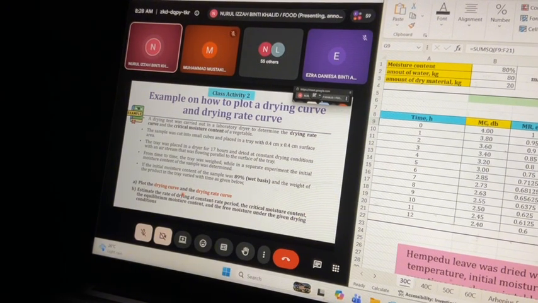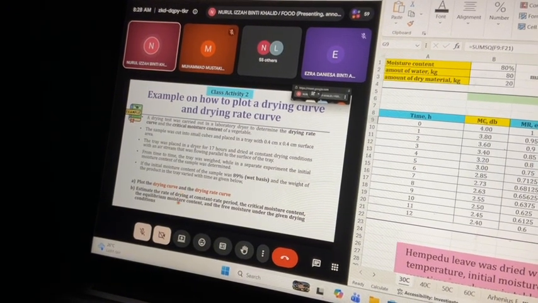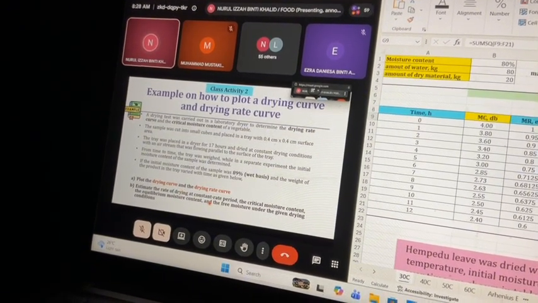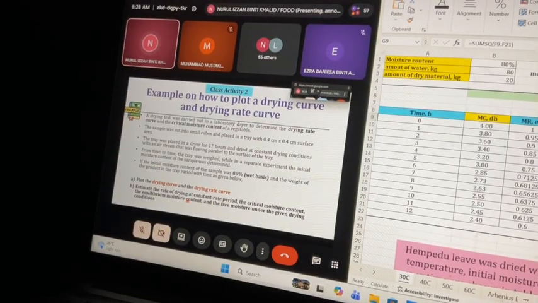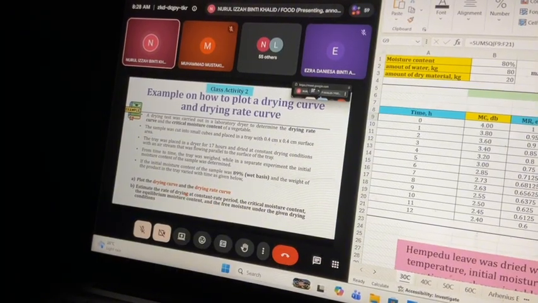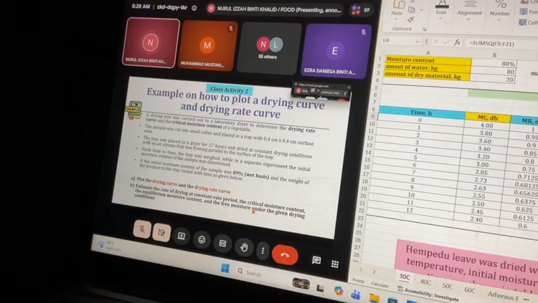The question asks you first to plot the drying curve and also the drying rate curve. Then you have to estimate the rate of drying at the constant period, which means identifying the constant rate. Then identify the critical moisture content, the point where the constant rate becomes the falling rate.